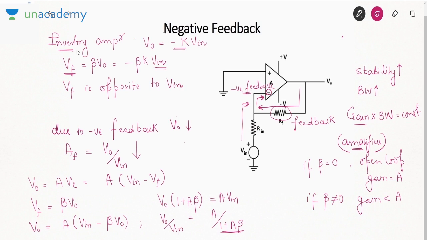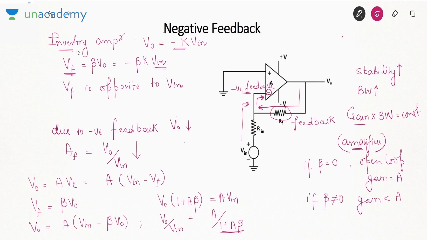If Vin is positive, then feedback is negative. If Vin is negative, then feedback is positive. In both the cases, feedback will oppose Vin and it will try to reduce Vin. So whenever negative feedback is applied, if input is positive, feedback is negative, so net voltage will be reduced.